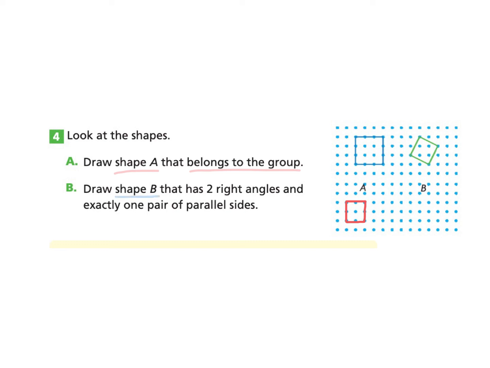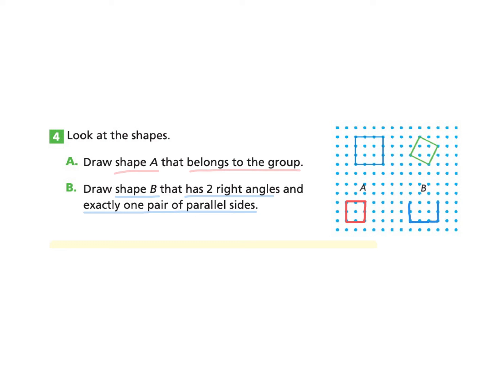Draw shape B that has 2 right angles and exactly 1 pair of parallel lines. You're welcome to try this on your own and pause and come back or follow along with me. I am going to draw 2 right angles, so I'm going to start with this right angle and this right angle.